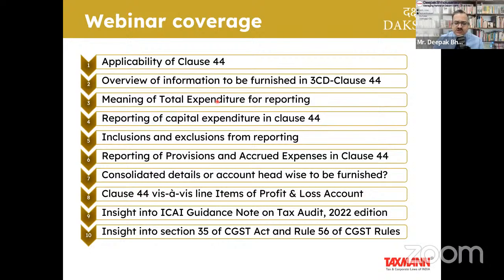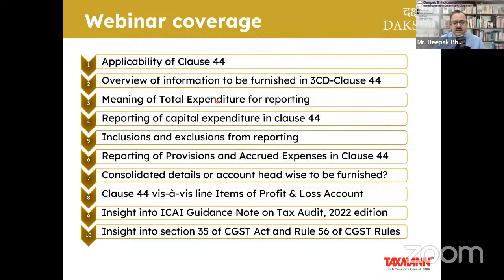Are there any exclusions being recommended by the Institute of Chartered Accountants of India through its Guidance Note of 2022 edition? What about provisions and accrued expenses in Clause 44? Then consolidated details or account-wise details to be furnished, whether we need to furnish account-wise detail or consolidated details, and so on and so forth.